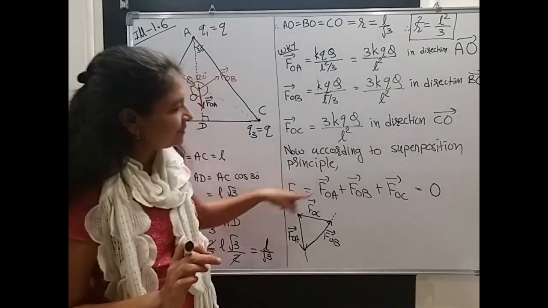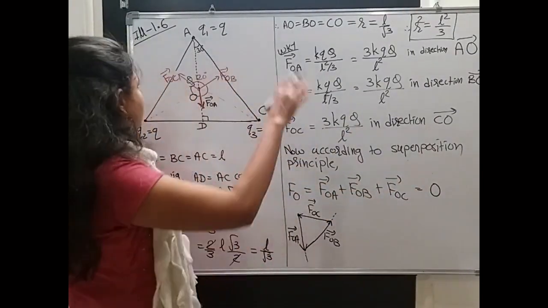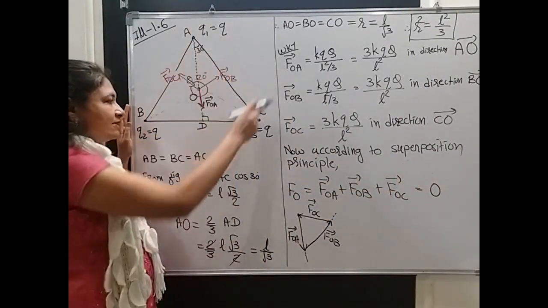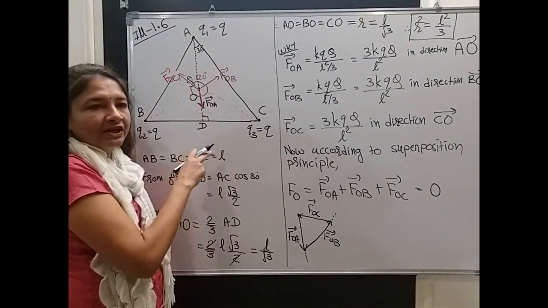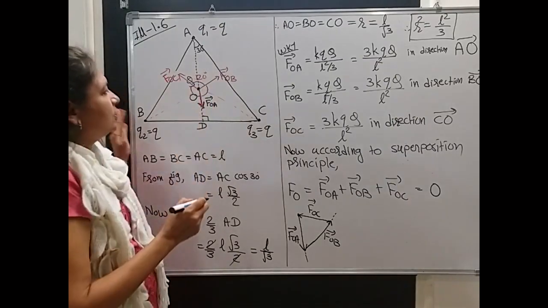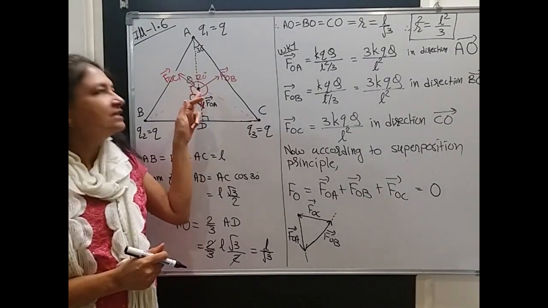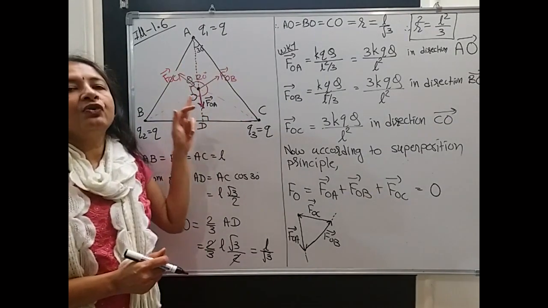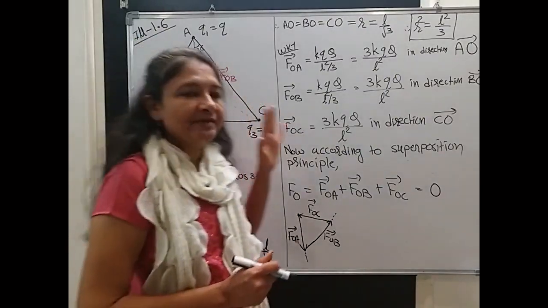As there is no separation, the resultant is equal to 0. So in this way we can say that when equal charges are kept at each vertex of an equilateral triangle, then the resultant force acting on a charge kept at the centroid is always 0 if the polarity of all the charges is the same. Okay, so 1.6 has been completed.